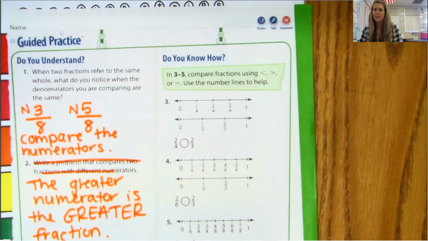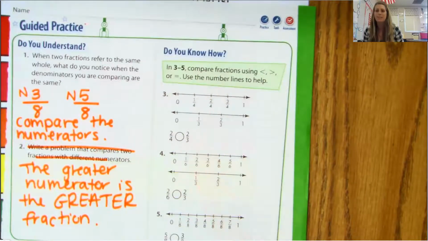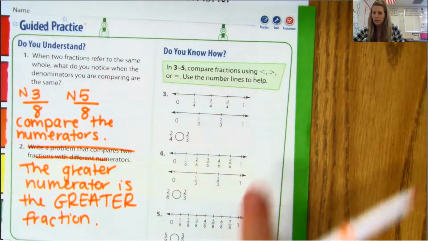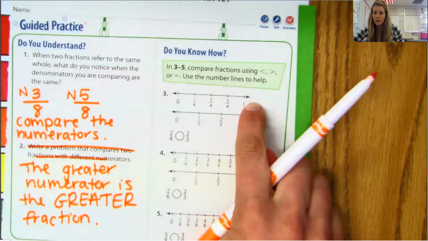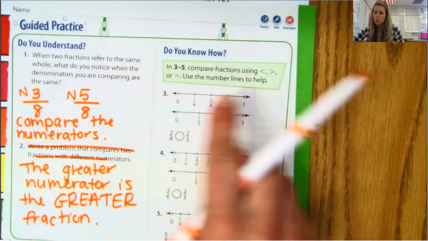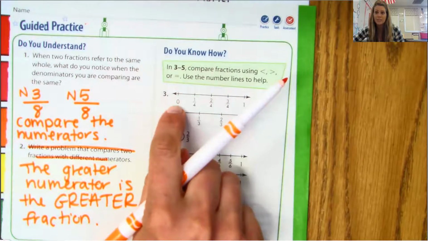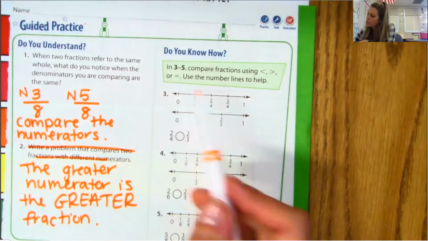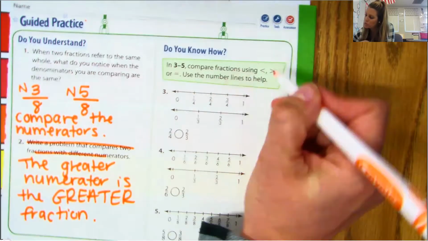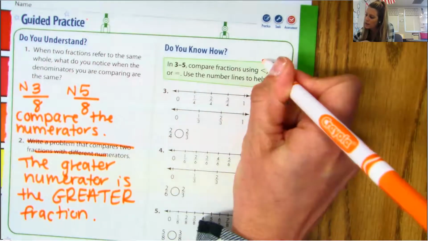All right, now they want us to use and practice with the number line today, okay? This should be pretty easy for us because we know if the fraction's closer to 1, then it's greater, right? If the fraction's closer to 0, it's less, right? So compare fractions using, make sure we know that means what?